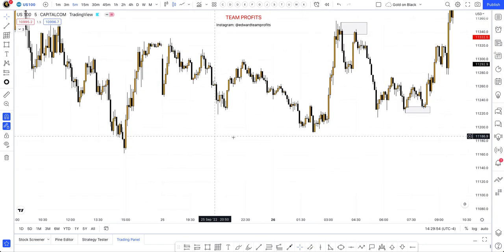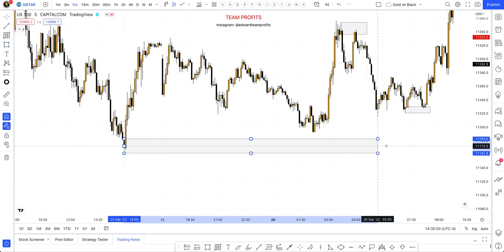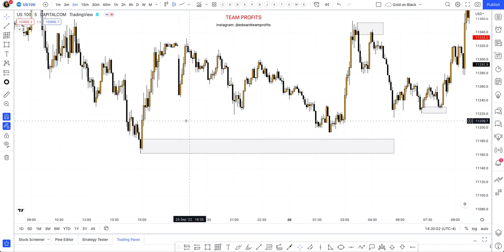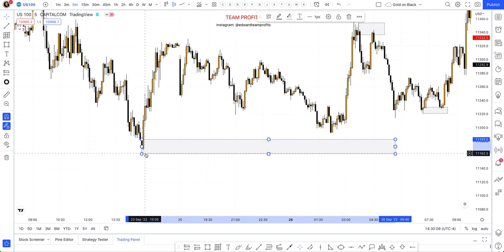Like right here on a 5 minute, the market did actually create this one right here. Nice order block, but it was never reached. The market never reached it. And you see why. You can actually see that it was not a high probability order block. Why?